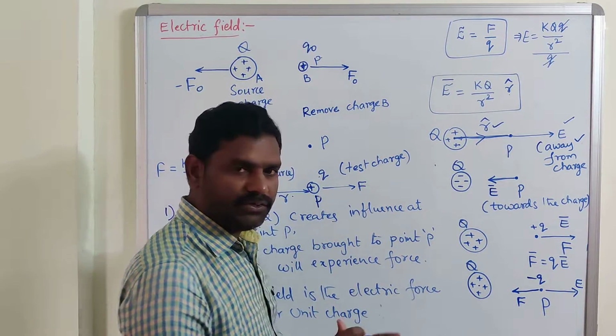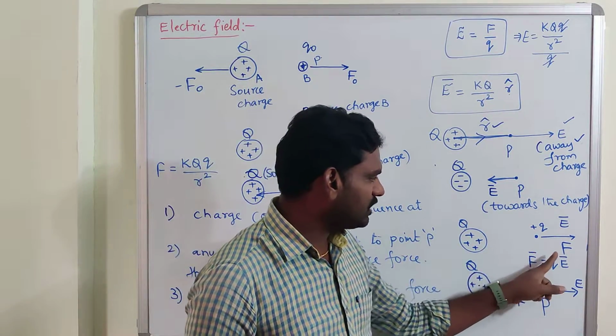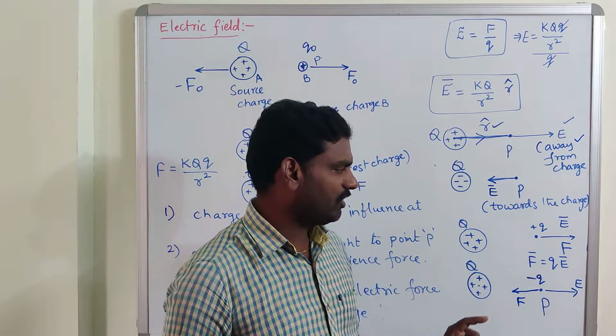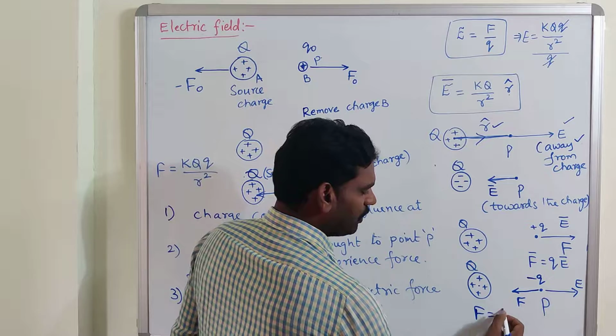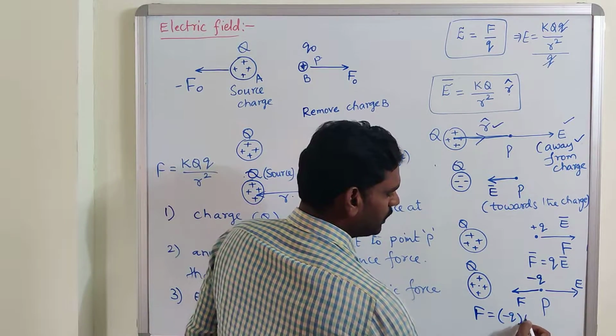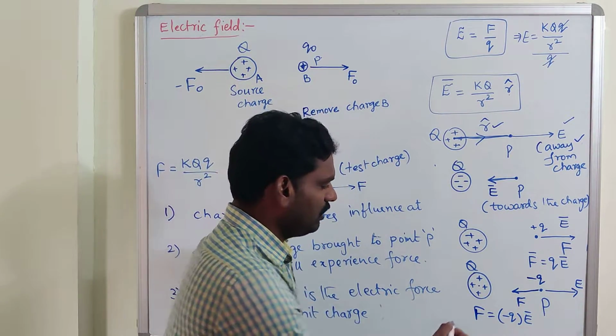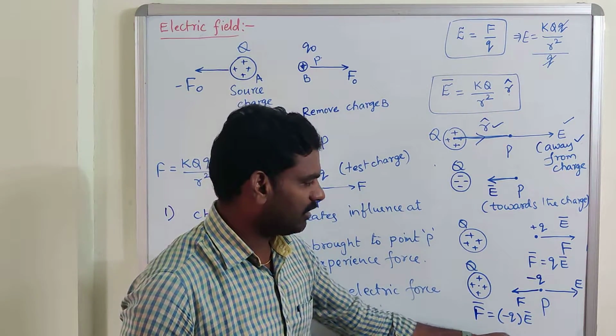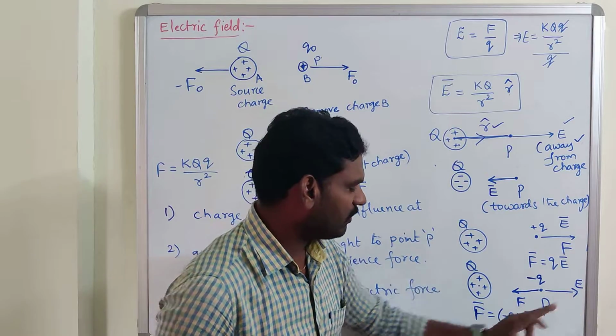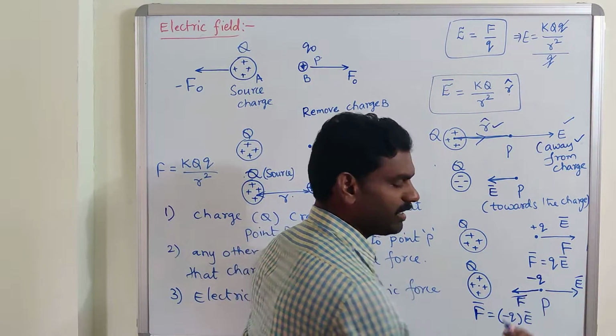For positive charge, force and electric field will be along the same direction. For negative charge, F equal to minus Q into E. For negative charge, force and electric field are opposite in direction. That's why force and electric field are opposite in direction.